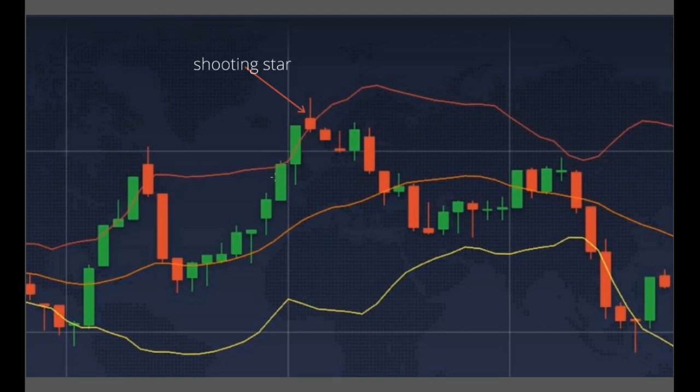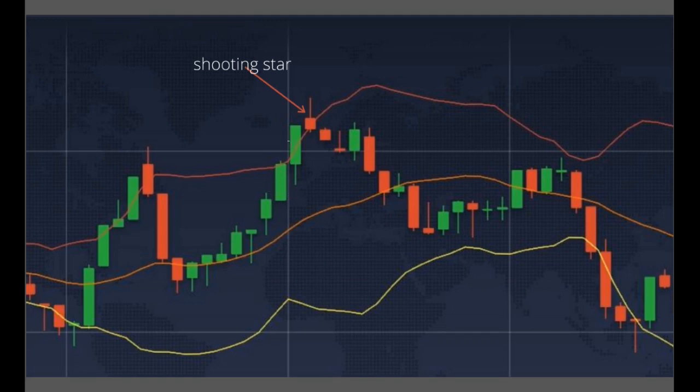When you see the shooting star during an uptrend or after an uptrend, it's a clear sign that the bears are about to take control. The bears are building momentum for a reversal, and the asset is about to experience a downward reversal.